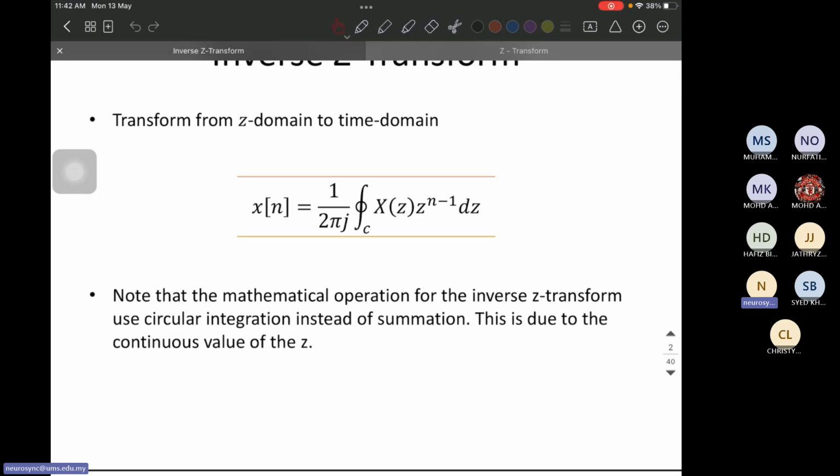Z is r e to the power j omega. We know that this omega is continuous, therefore this z is continuous. And if this quantity is continuous, then we need to do the integration instead of summation. Therefore, circular integration is used here.